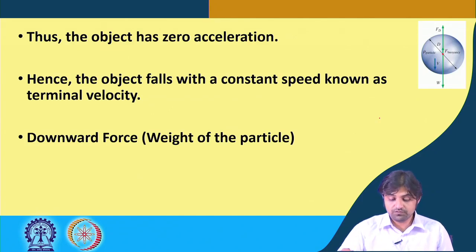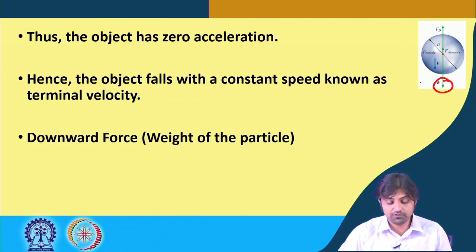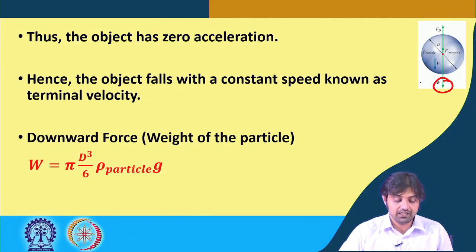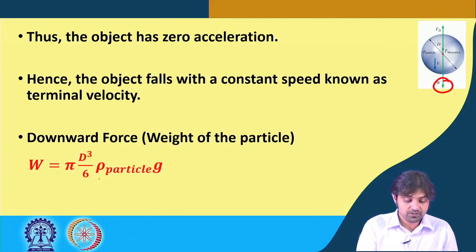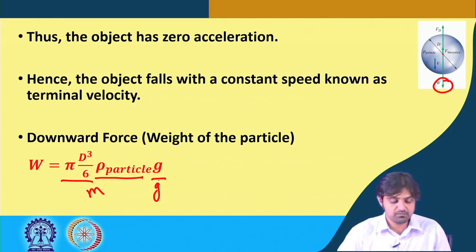The weight of the particle acts downward, and it is density multiplied by volume, which is mass, and g is the acceleration due to gravity. So weight is mg. For a sphere, pi d cube by 6 is the volume, and rho is the density of whatever the sphere is made of.